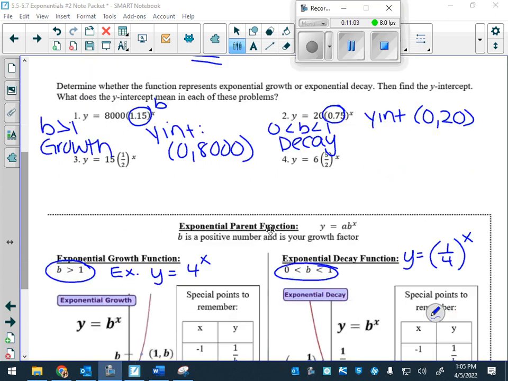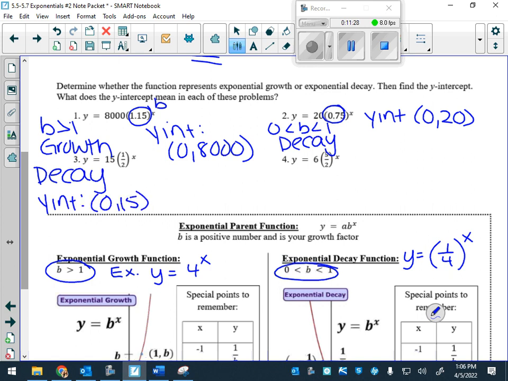Excellent. For number 3, what do we have? CC. It is decay. Excellent. Because 1/2 is between 0 and 1. What is our y-intercept? Addison? Good. Our y-intercept is 0, 15.